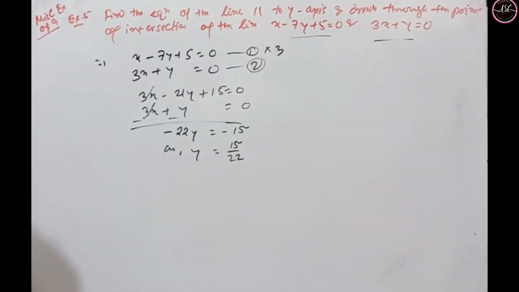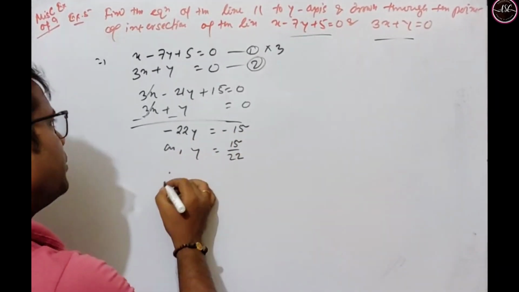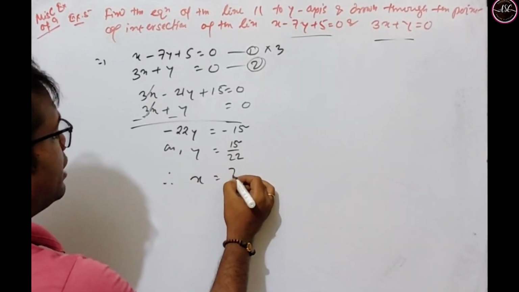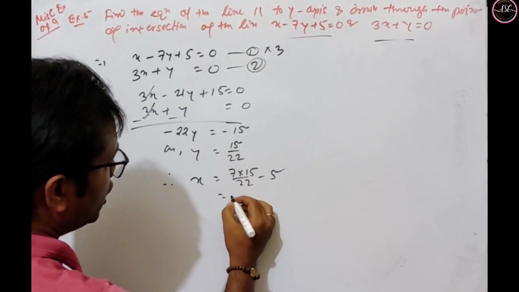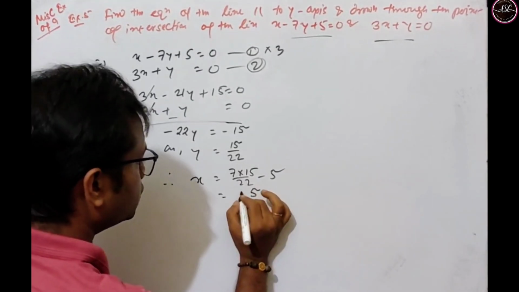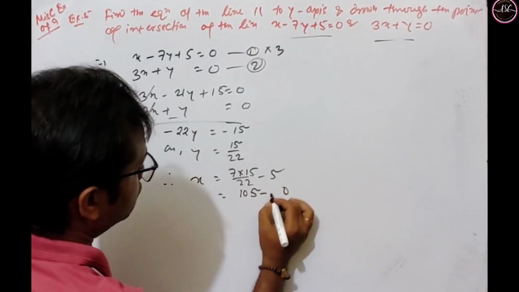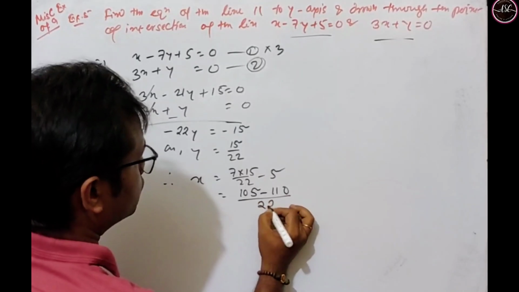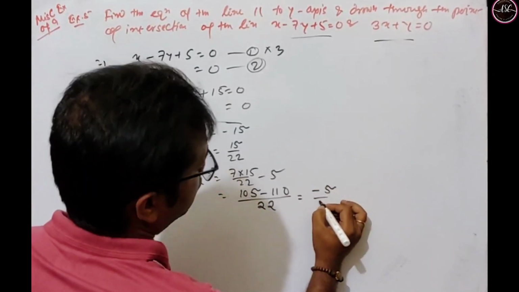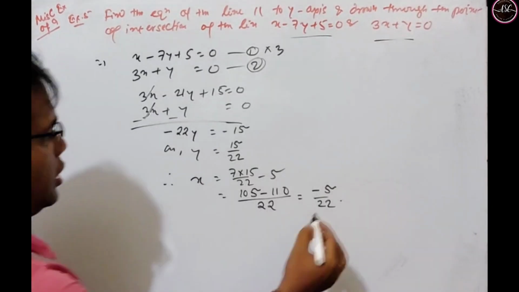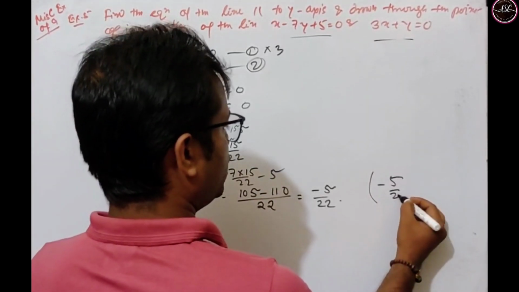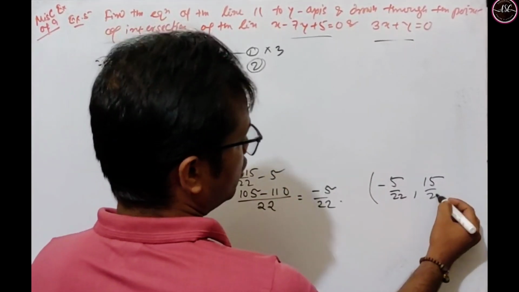So we find out x, therefore x equal to 7 into 15 by 22 minus 5, so we have minus 5 by 22. So the point of intersection x, y is minus 5 by 22 comma 15 by 22.